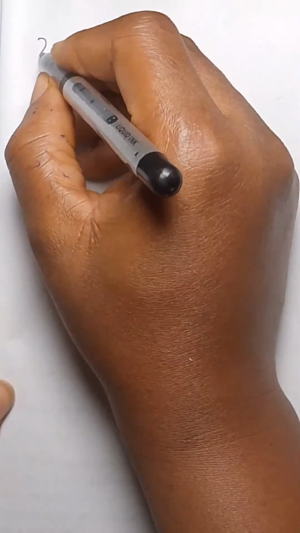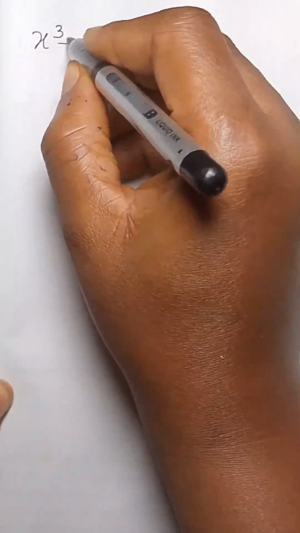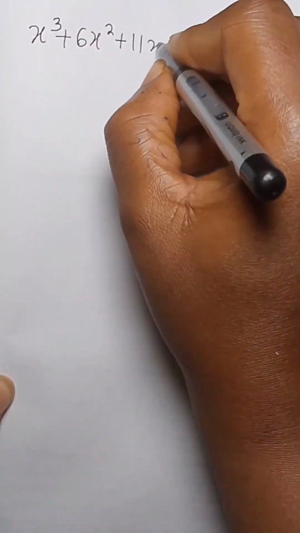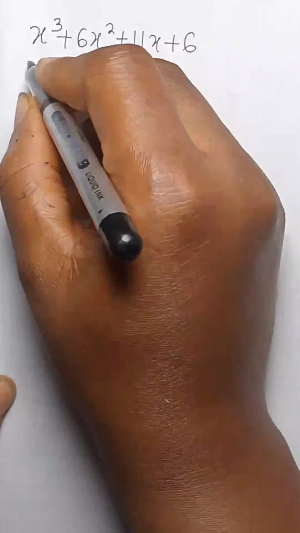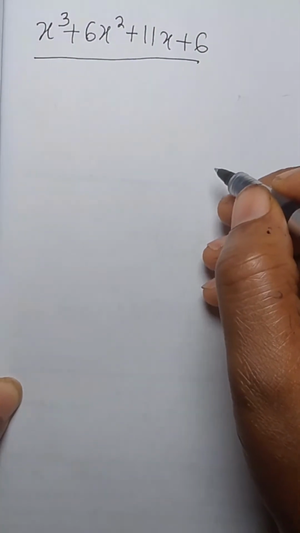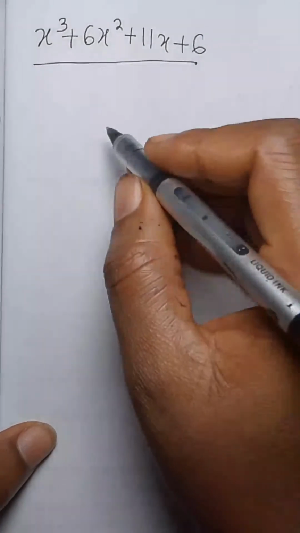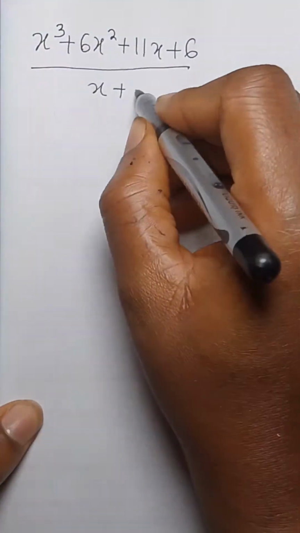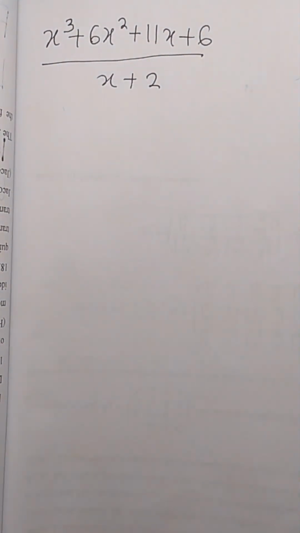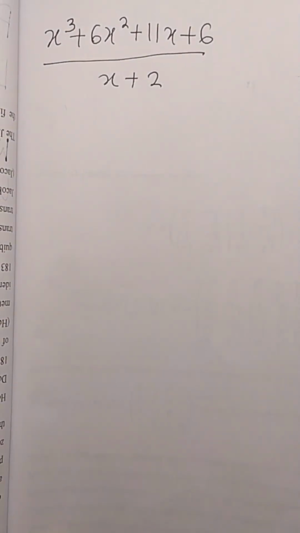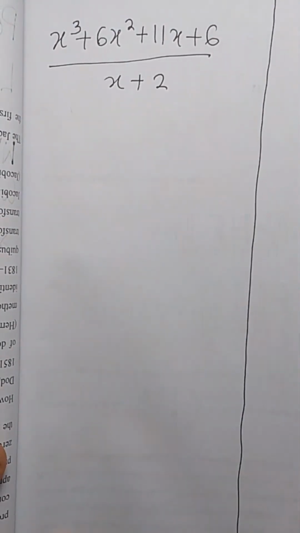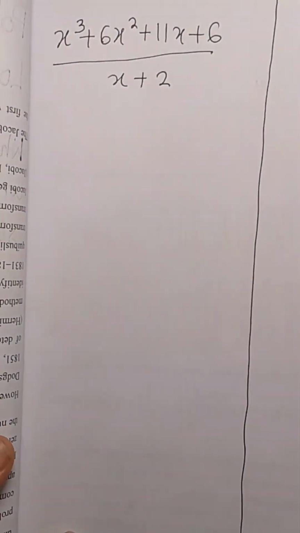So our example we are solving now is x to the power 3 plus 6x squared plus 11x plus 6 divided by x plus 2. So that is what we are solving. So this is polynomial long division class. All right. So this is for all those who need help in polynomial long division.